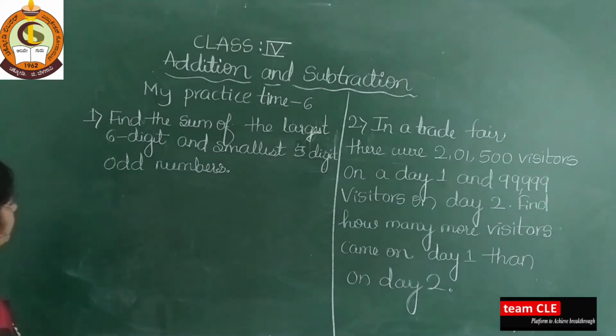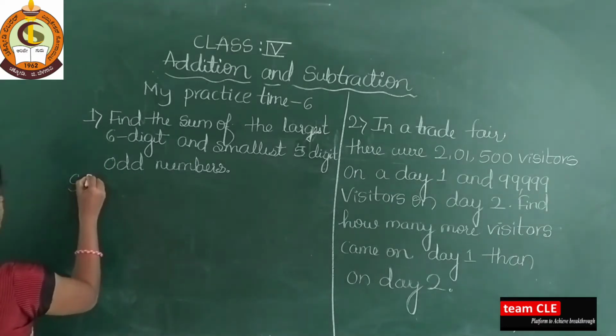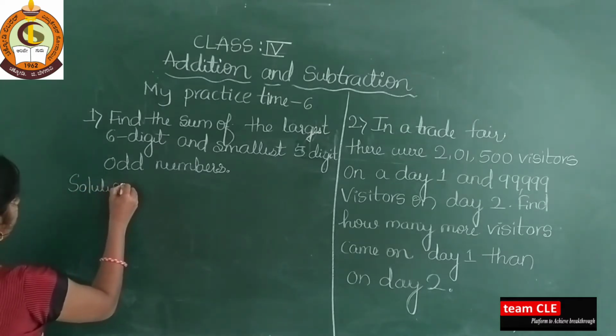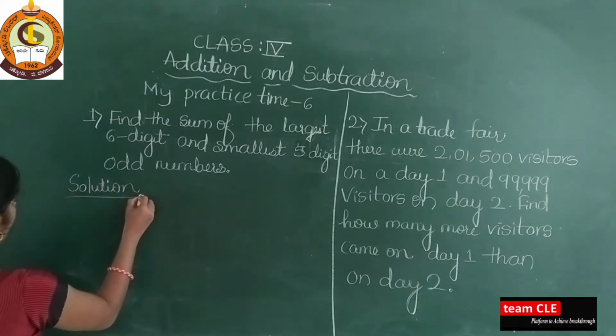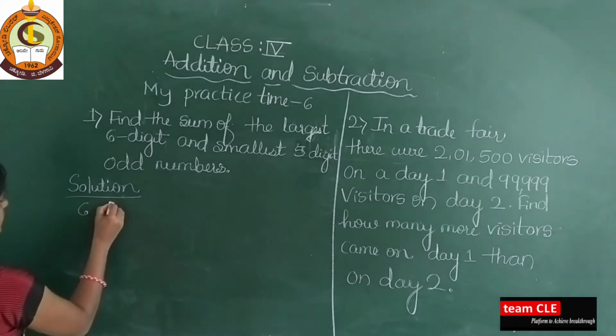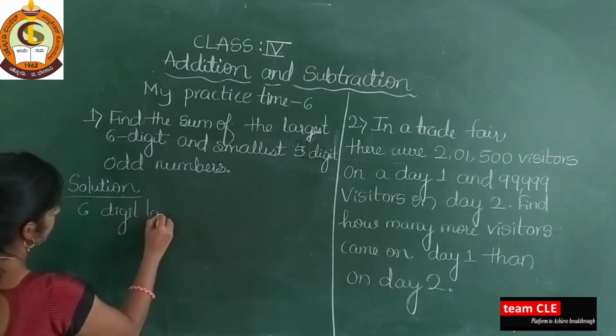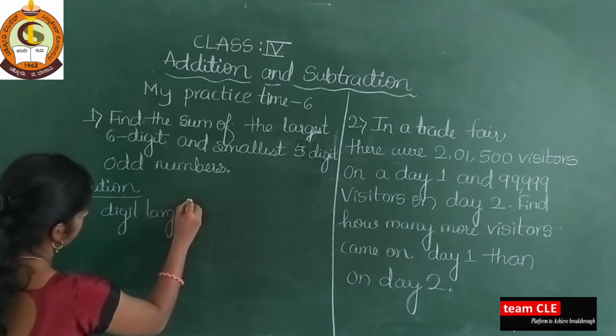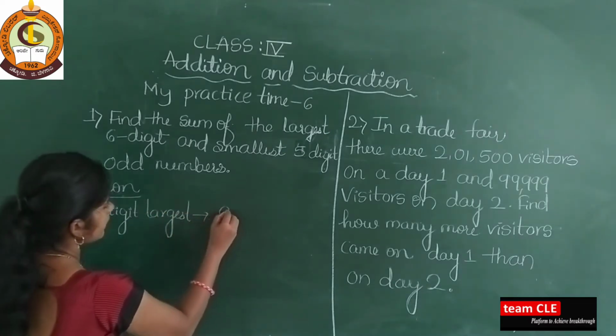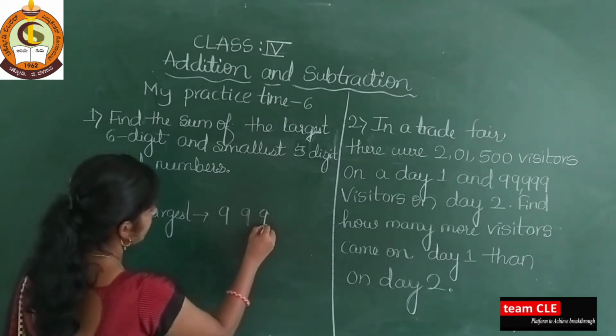So here first you need to write solution. Tell me the 6-digit largest number. That is 9,99,999.